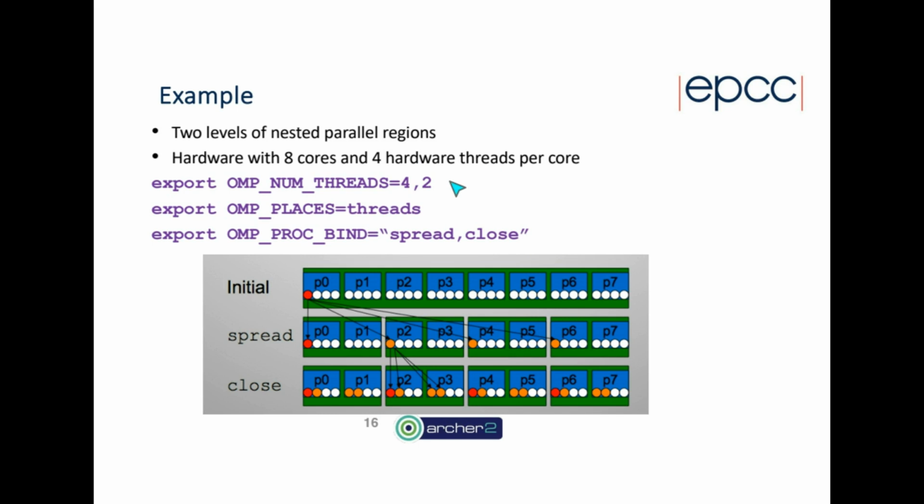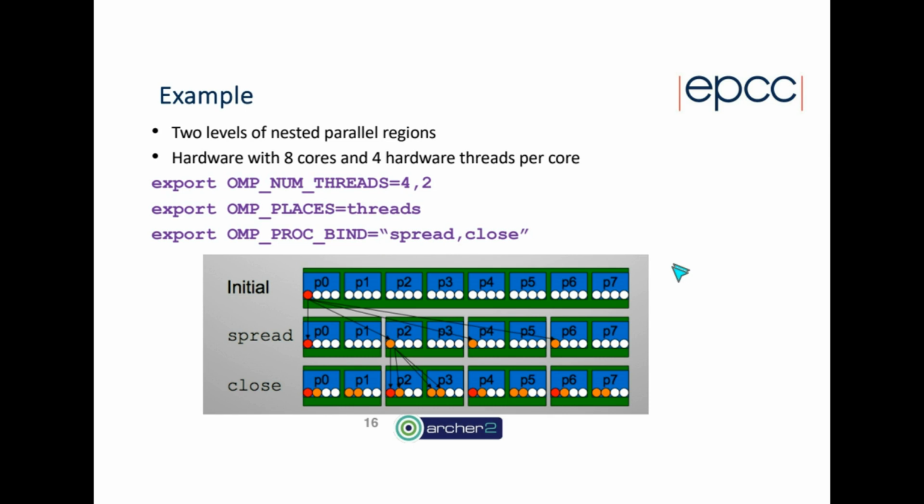And then we say, okay, how do we map this? So imagine I've got some hardware, a chip that has 8 cores, say, and 4 hardware threads per core. So the hardware entities I'm talking about here are the hardware threads, and the binding pattern I want is spread, close.